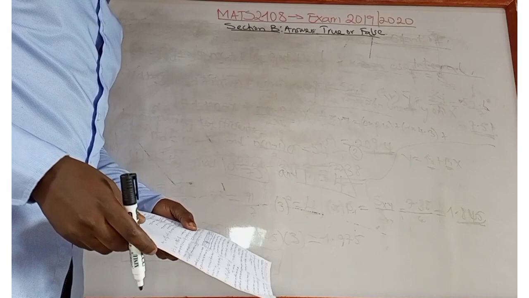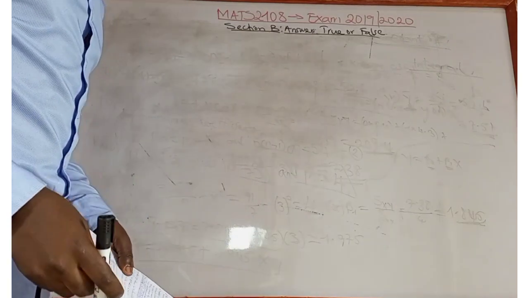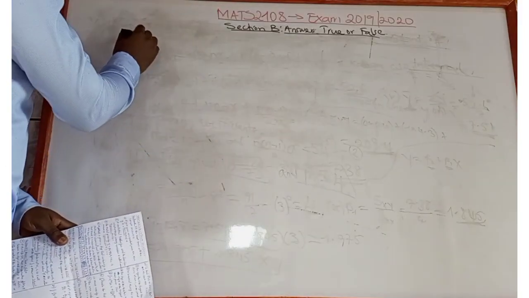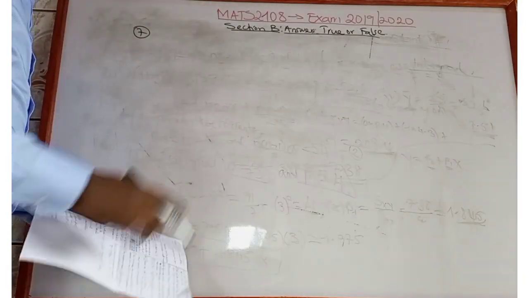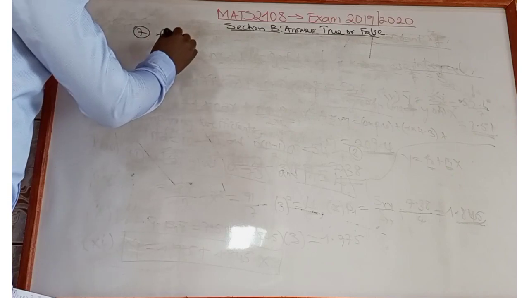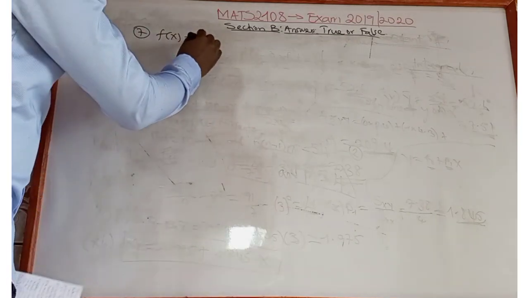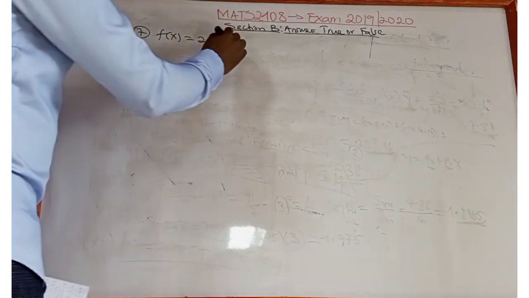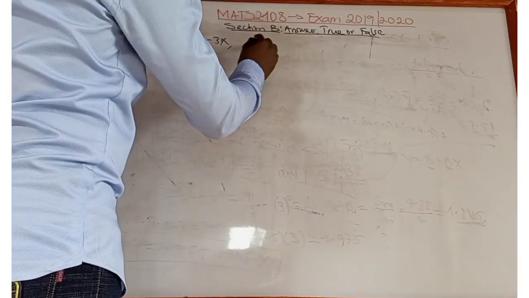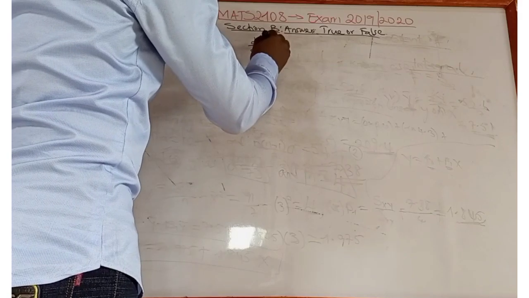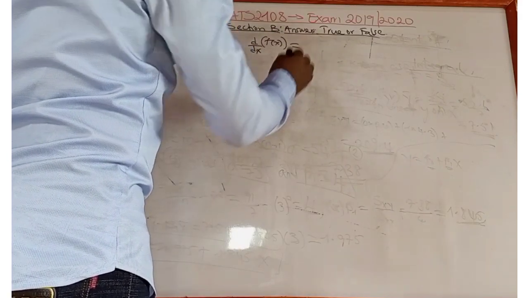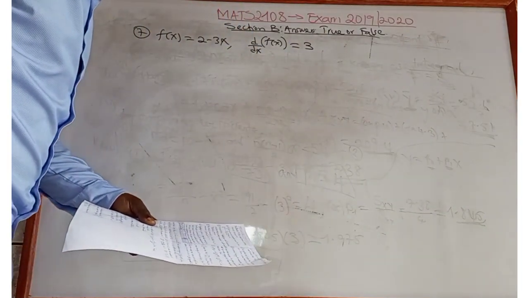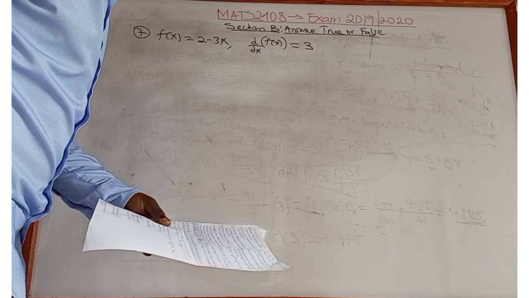Section B says answer true or false. Question 7. If f of x is equal to 2 minus 3x, then the derivative d by dx of f of x equals 3, because the slope at each point is 3.